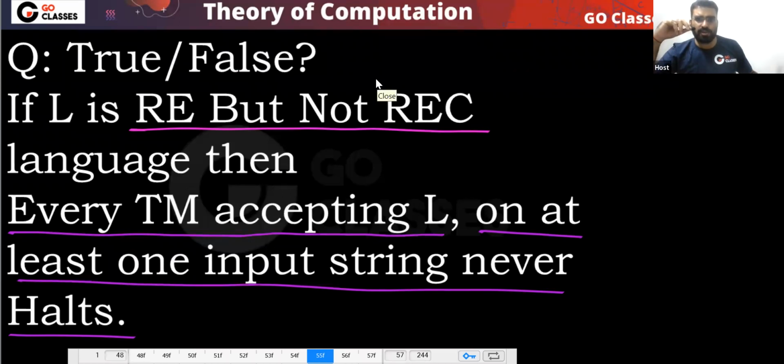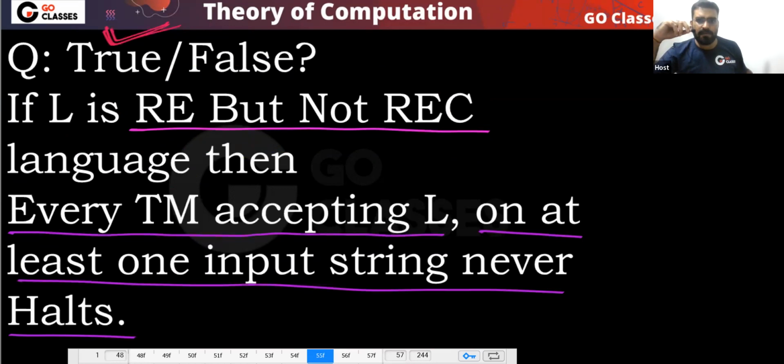So this statement is true, right? This statement is true because your language is RE but not REC. So every Turing machine that will accept L, for some input, it will never halt. That input will be outside of L.